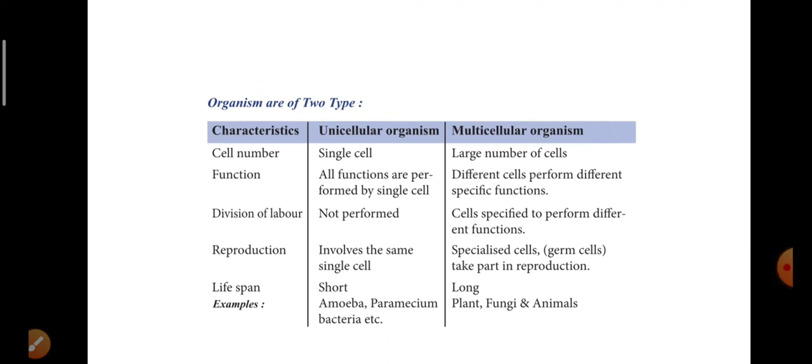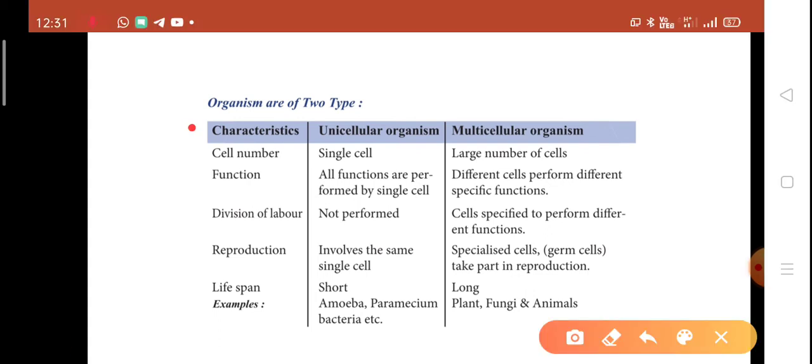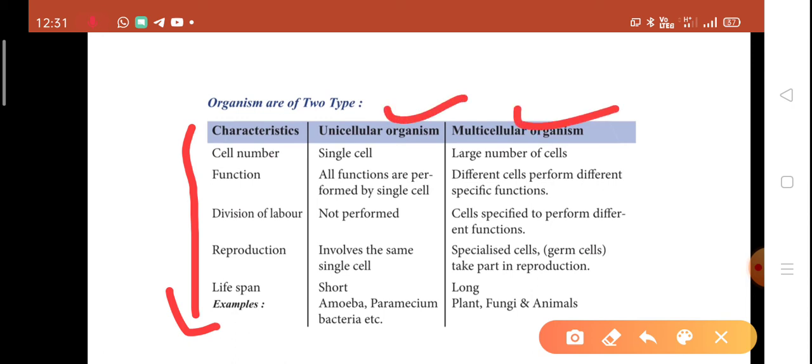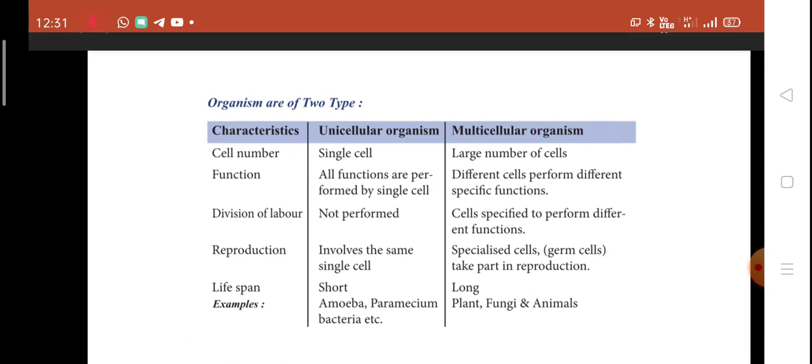Okay. Now there are some characters. How can we differentiate unicellular and multicellular organisms? So you can see the table. This side the characters, and this side unicellular and multicellular. First is the cell number.